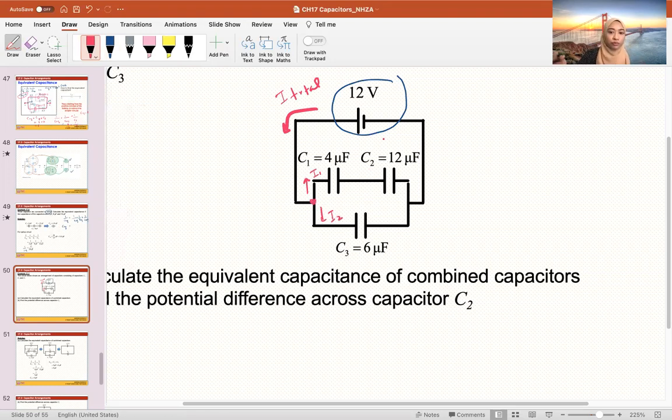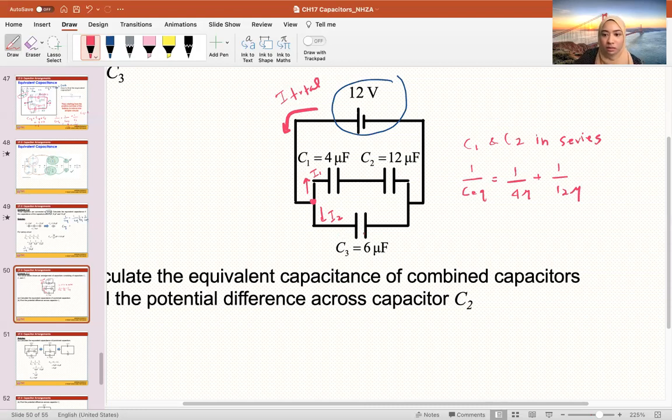I1 goes through 4 microfarad and also through C2, 12 microfarad. So C1 and C2 are in series. So the equation should be 1 over C equivalent equals 1 over 4 micro plus 1 over 12 microfarad.